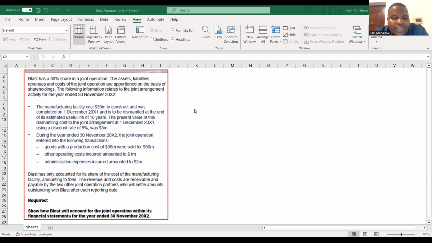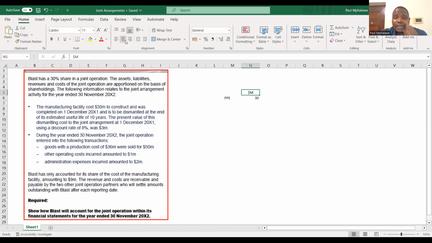The manufacturing facility cost 30 million to construct. So number one, the manufacturing facility, that is PPE, cost 30 million. Here it's going to be in dollars, million, okay? Let's account for it bit after bit.